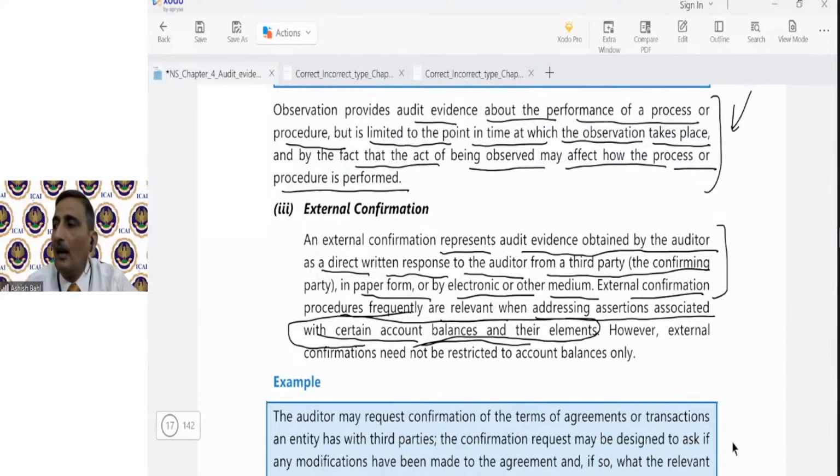So therefore, external confirmation requests are not restricted to account balances only. Okay.